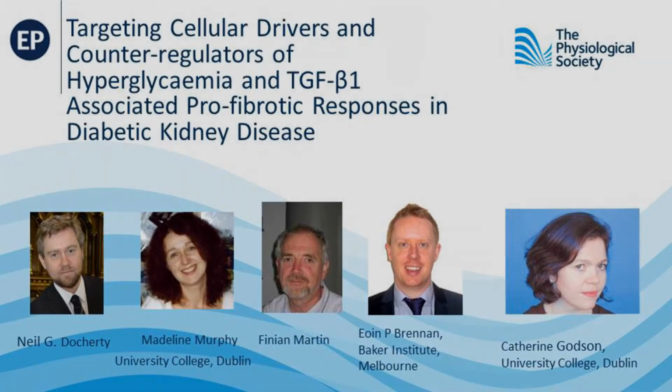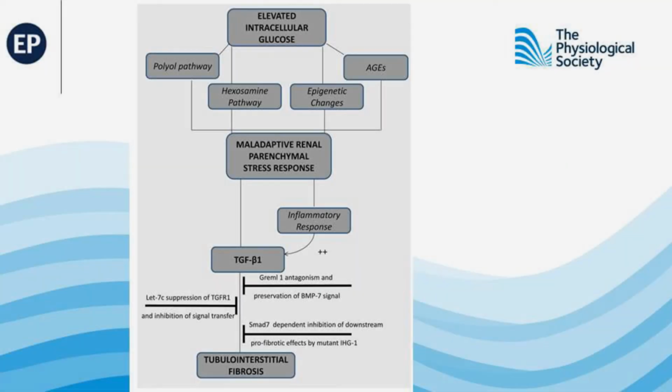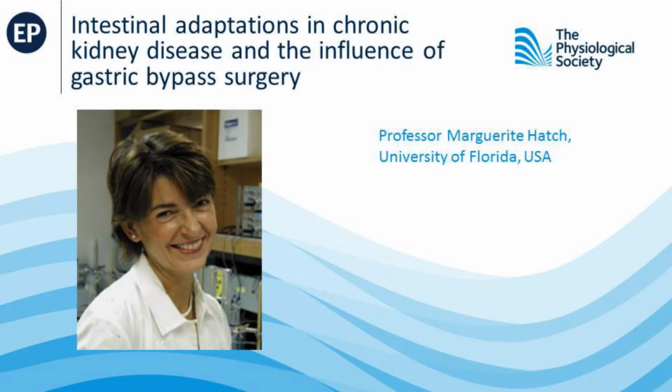Attention is placed on describing how modulating the bioactivity of induced in high glucose 1 and gremlin 1 and harnessing the effects of the let-7c microRNA may hold potential as a means of interrupting pro-fibrotic TGF-beta-1 signalling at and beyond activation of the receptor complex.